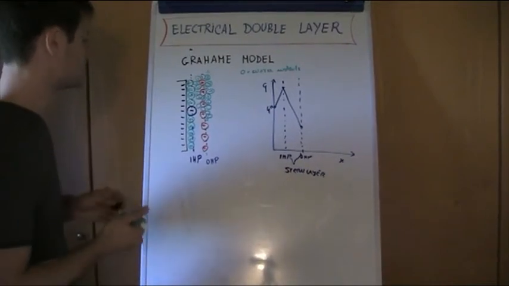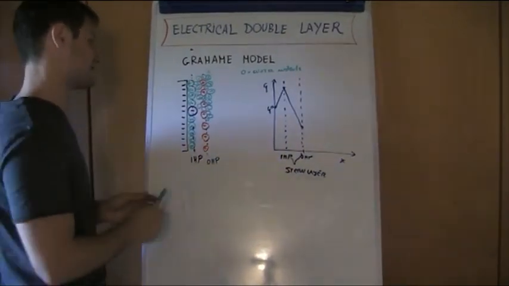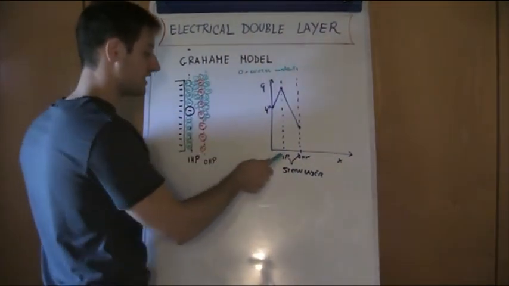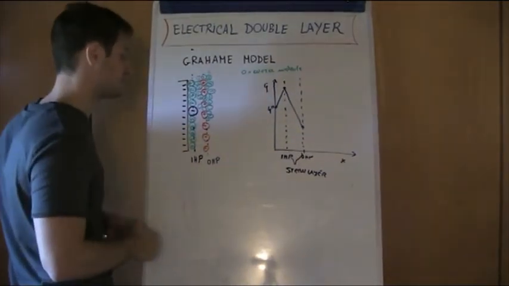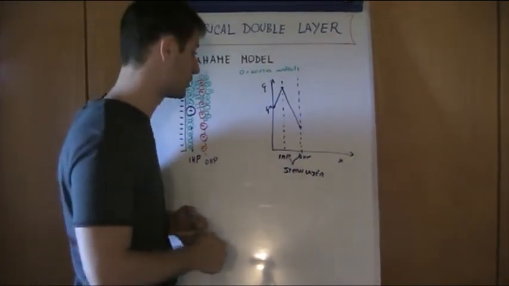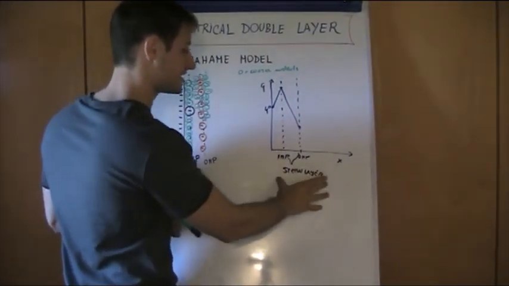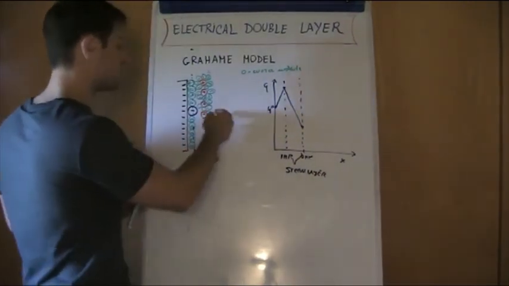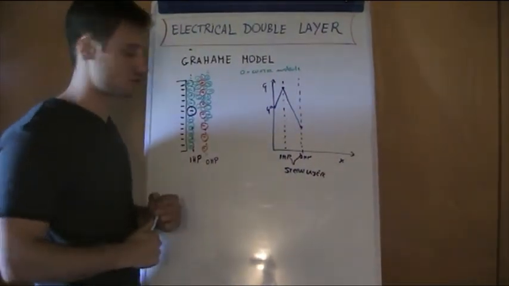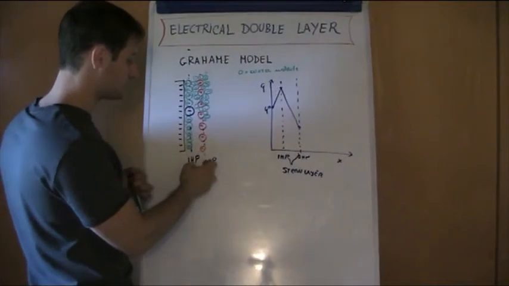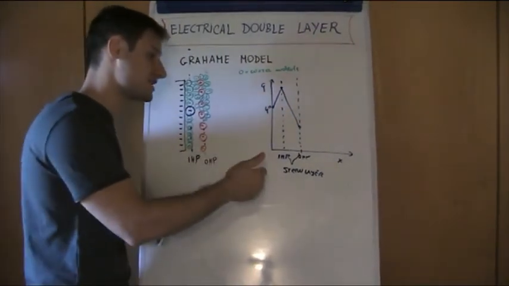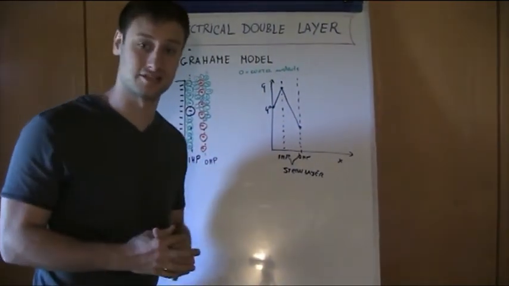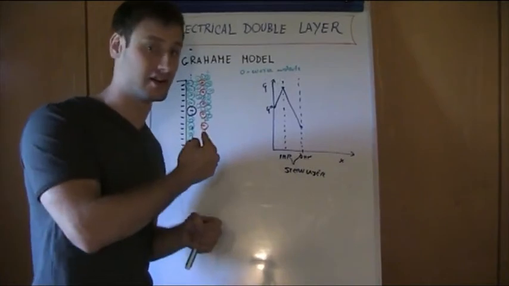But what is interesting here is that we have an outer Helmholtz plane that is not anymore the plane of maximum approach, even if we have some interesting similarities with the Stern layer. Because in this case we are even considering the molecular nature, and so the outer Helmholtz plane will be at a greater distance with respect to a hypothetical plane of maximum approach in the Stern layer.